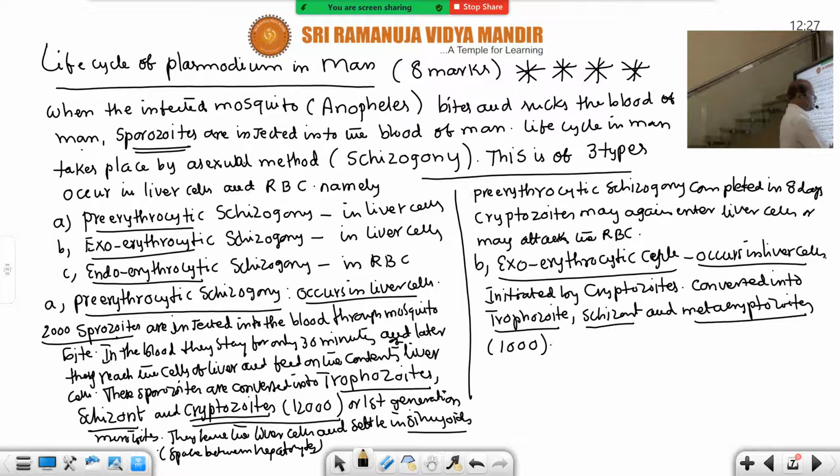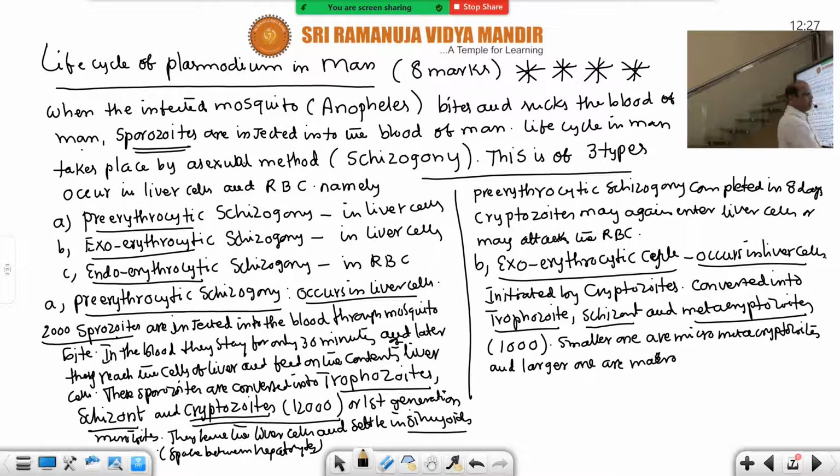These metacryptozoites vary in size. Smaller ones are micro metacryptozoites. Micro means small, that's why they are so named. Larger ones are macro metacryptozoites. Macro means large, micro means small.